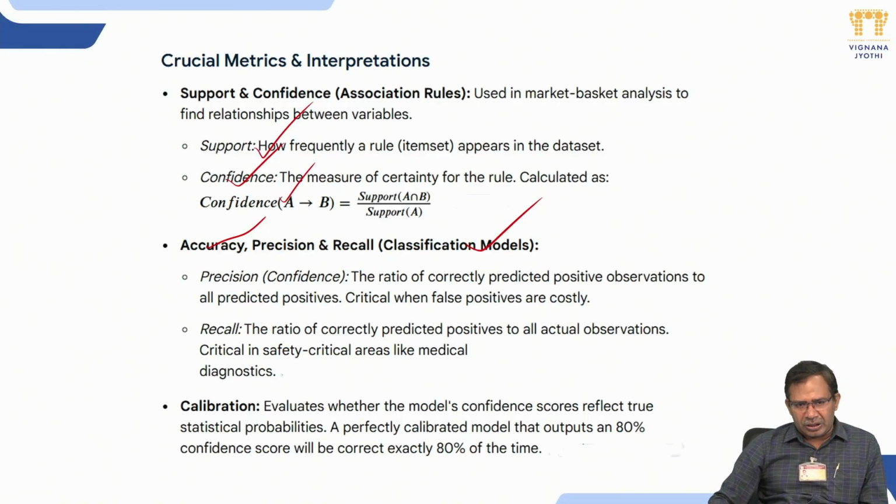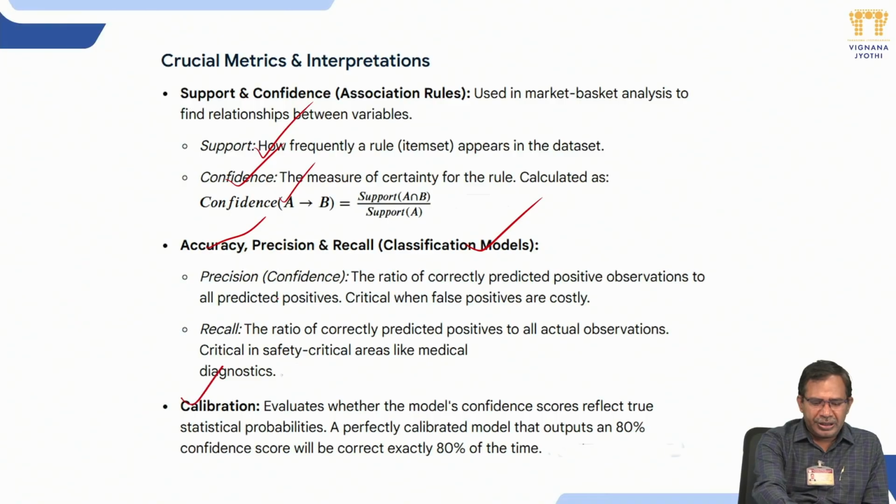So you deal with the positive cases with precision, and with all possibilities with recall. In safety critical areas like medical diagnosis, where we are looking for all the true positive cases, precision and recall should be 100%, through which the overall accuracy should be 100%.